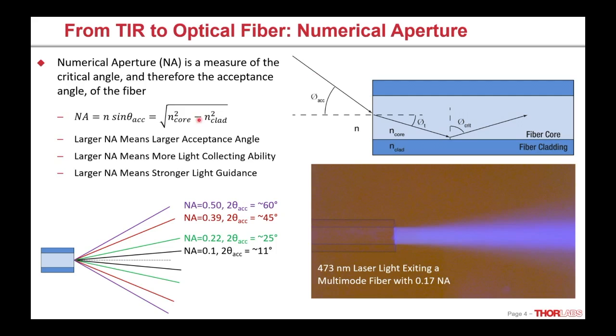And you can see the equation right here. It really defines the cone of light, so to speak, that can be coupled into and guided within a fiber. So a larger NA means that the acceptance angle of the fiber is larger. It means there's more light collecting ability of the fiber. And then once the light's inside the fiber, it means stronger light guidance.